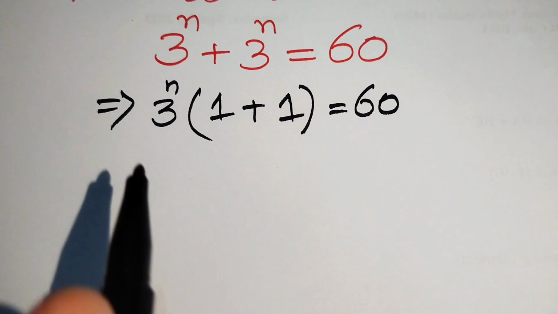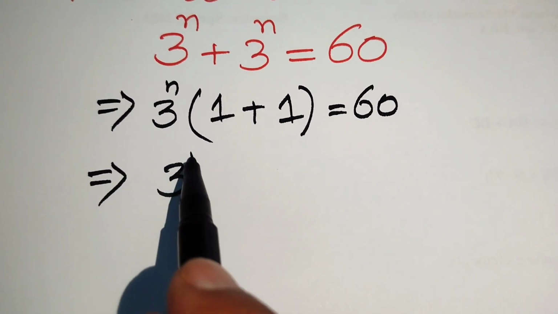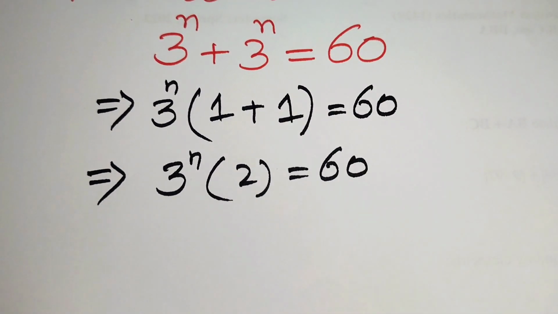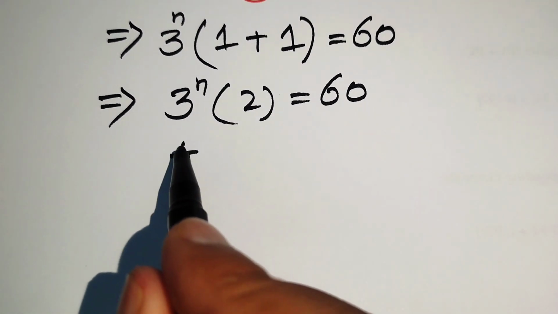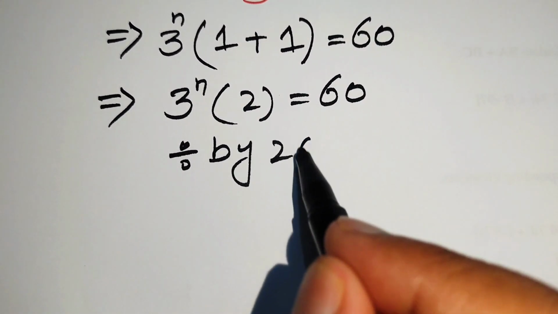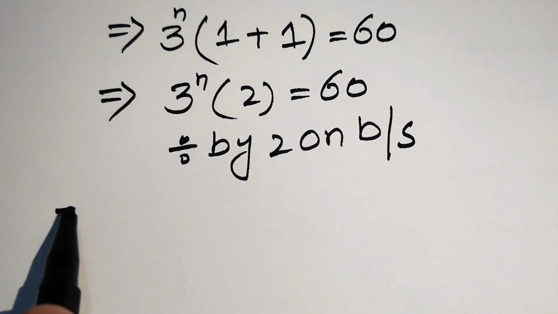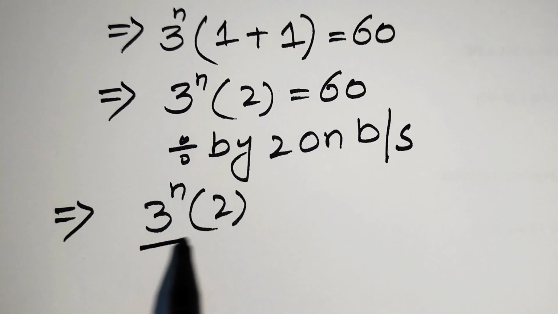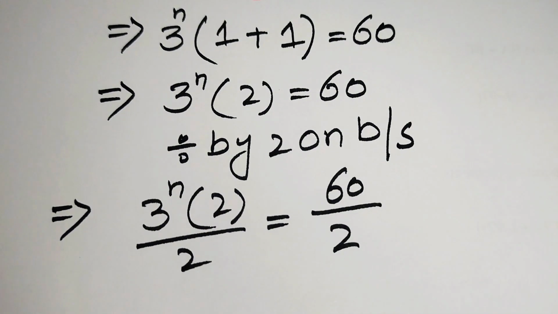In the next step, you have 3 to the power of n times 2 equals 60. Here we need to divide both sides by 2, so 3 to the power of n times 2 divided by 2 equals 60 divided by 2.